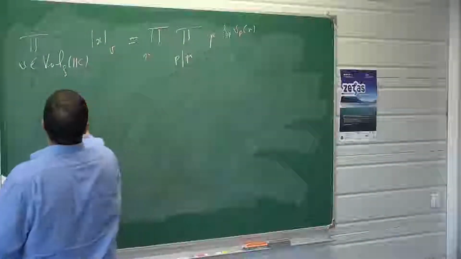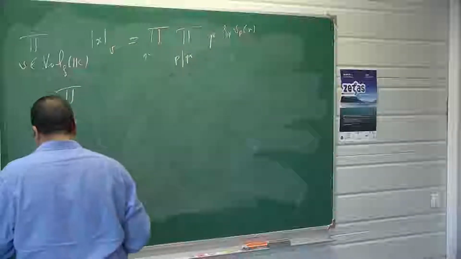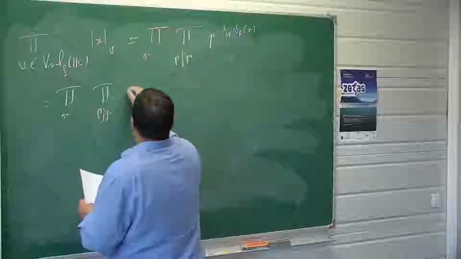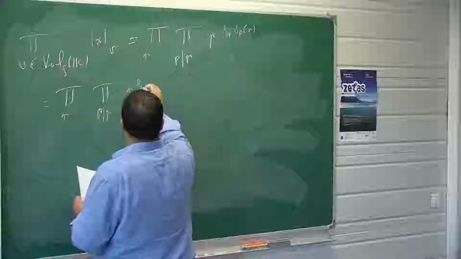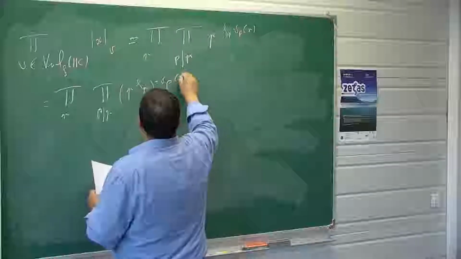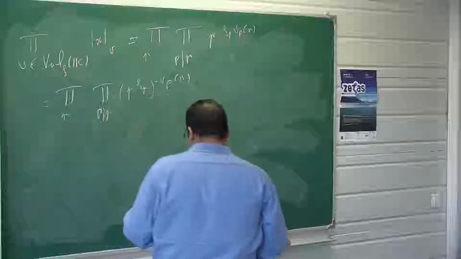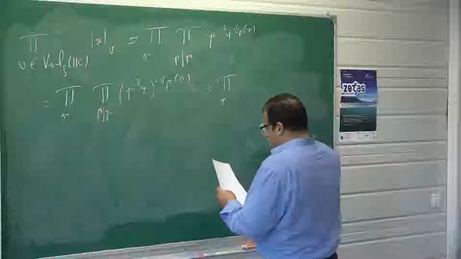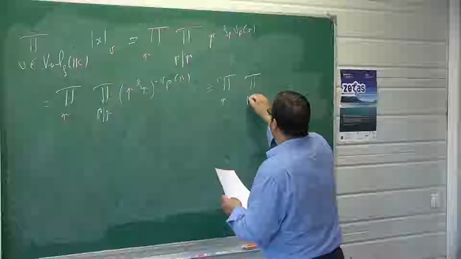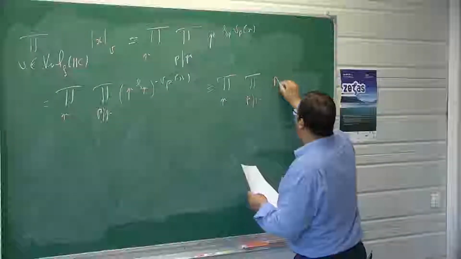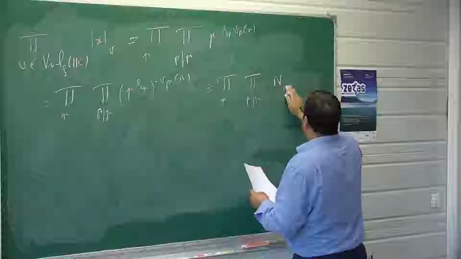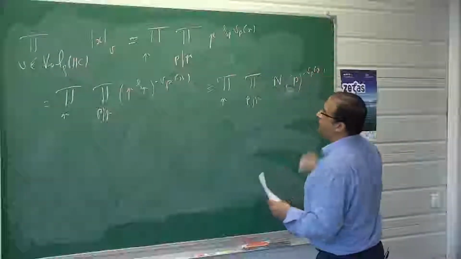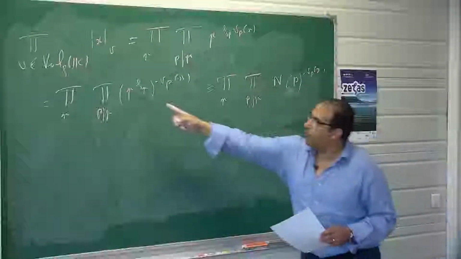This is equal to the product over p of the product over P dividing p of the norm of the ideal P to the minus v_P(x), because this is the norm of this ideal.